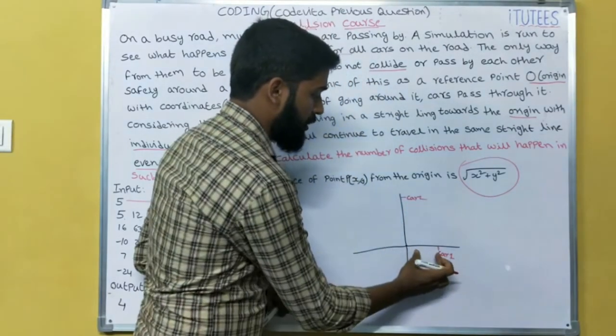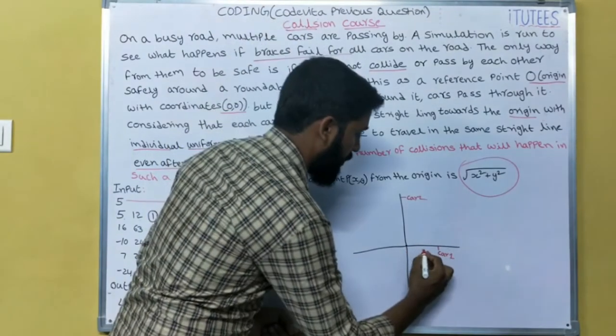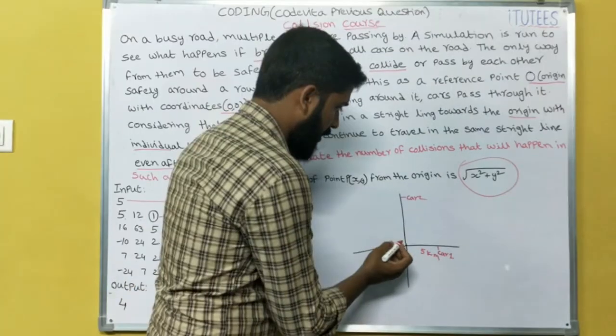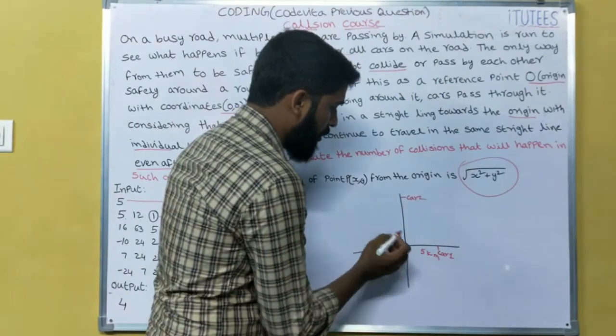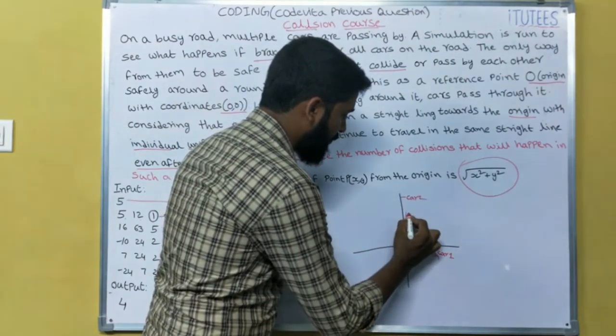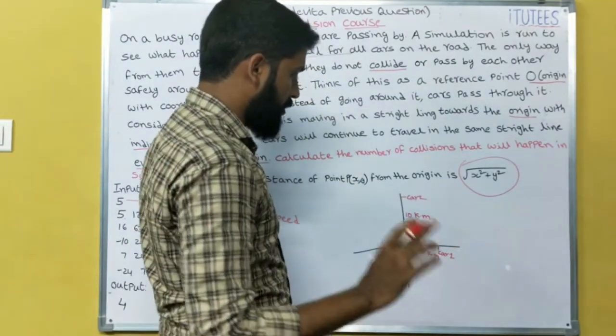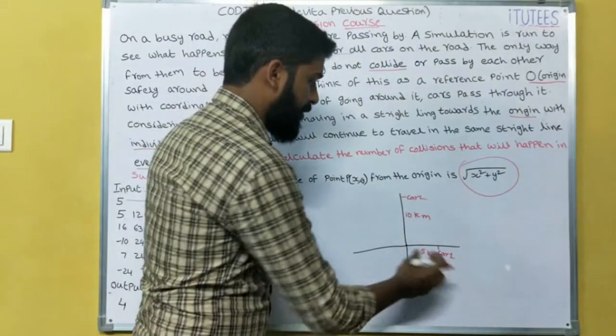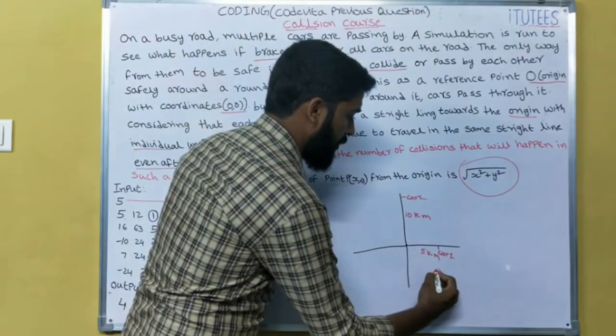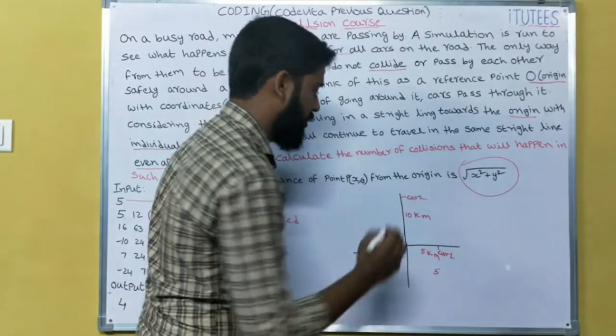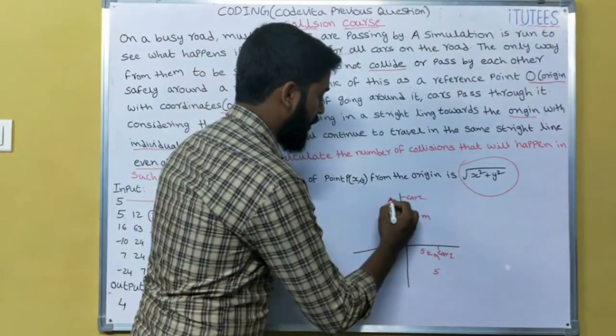The distance of car 1 from origin is 5 kilometers. The distance of car 2 from origin is 10 kilometers. In the first case, the speed of car 1 is 5. Don't think about units. The speed of car 2 is 5.